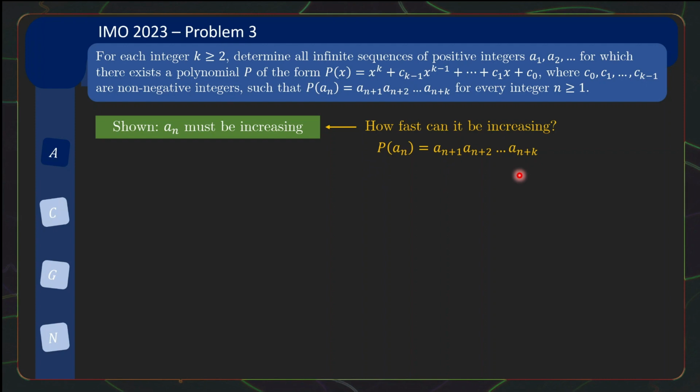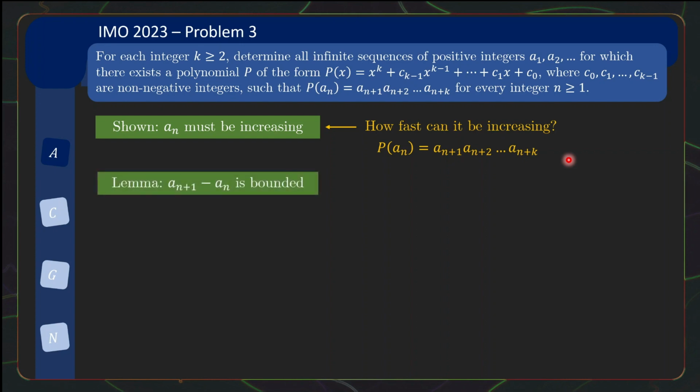If the sequence increases at some crazy increasing rate, then we might imagine that we could run into some problems because this will be some steps above an, and the steps will get wider and wider, which might suggest that it will grow faster than a kth order polynomial. So this is just some motivation that maybe the sequence cannot be increasing crazily. There must be some control on the rate of increase.